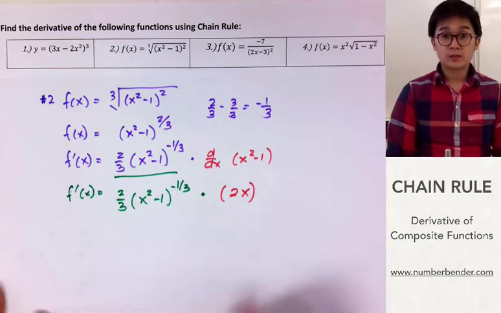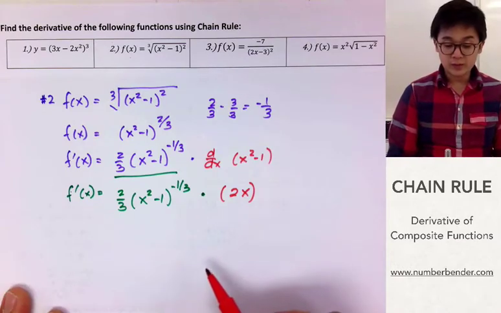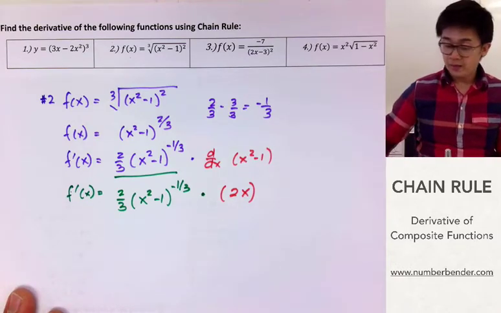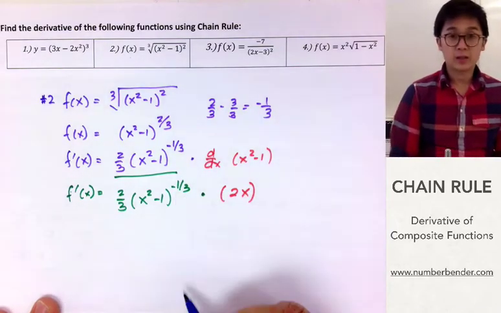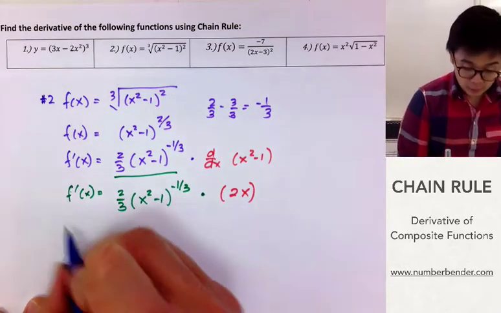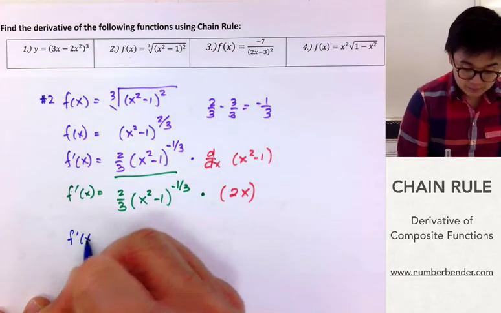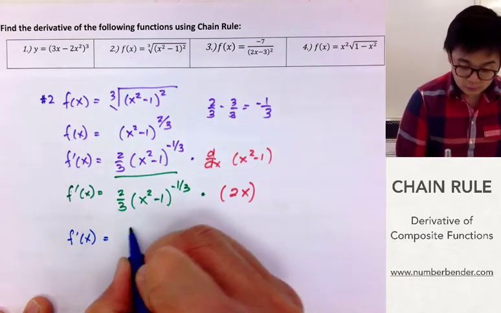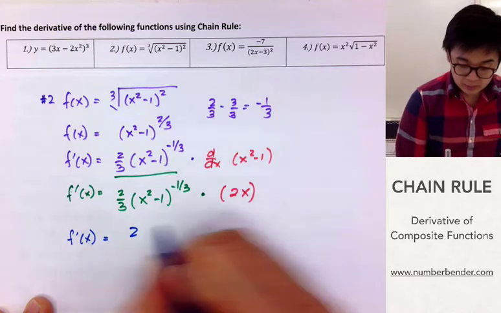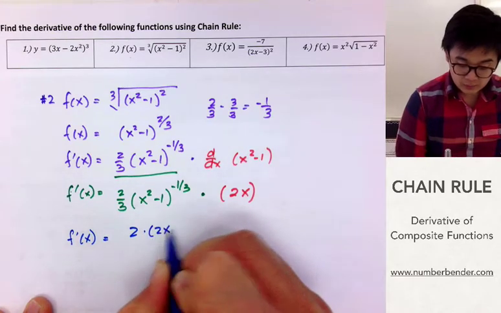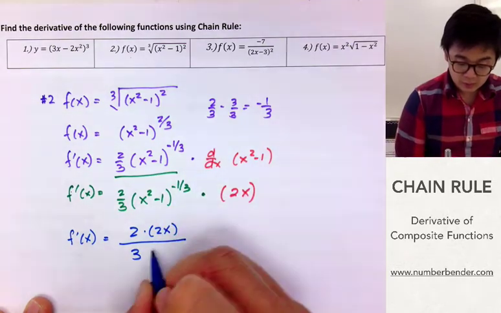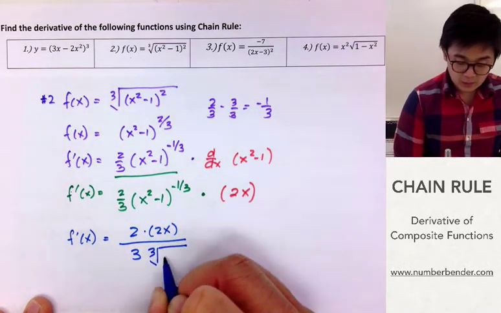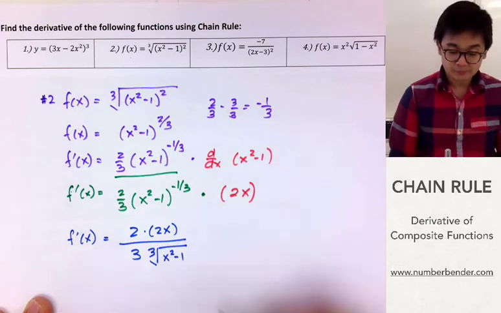So this is now our derivative function, but we can still further simplify this by changing it into a radical function because we have a fractional exponent. So we can have f prime of x equal to 2 times 2x all over 3 times third root of x squared minus 1.